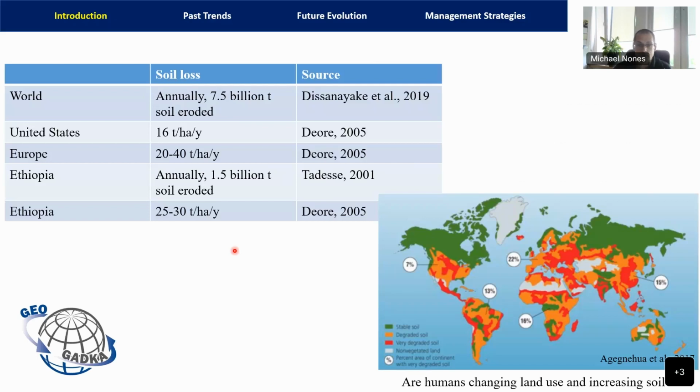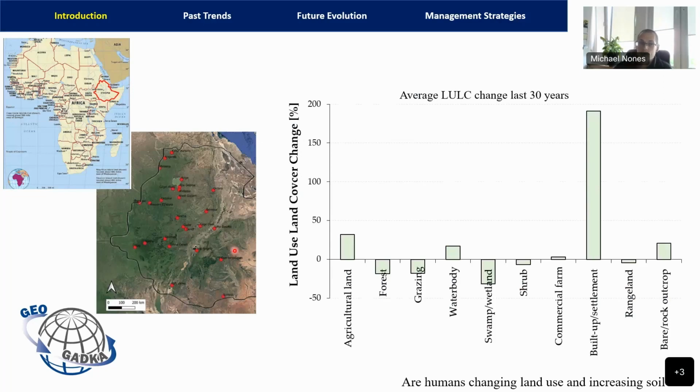So how did we perform this study? Basically starting from evaluating what happened in the past. In this case, as said, I'm focused on Ethiopia, which is here in Africa. We investigated a number of studies performed during the last 3 decades about the changes in the use of the land and the type of land coverage.